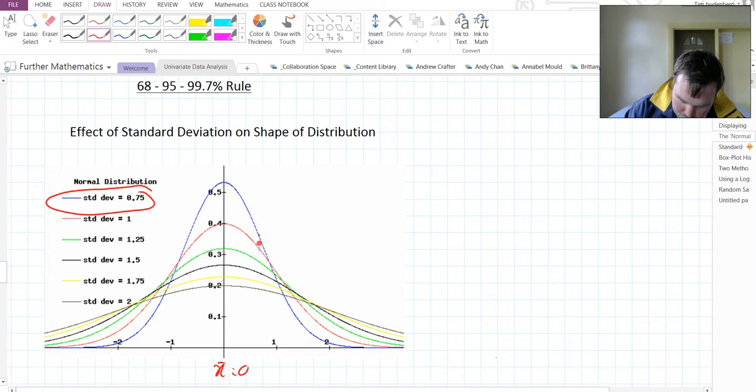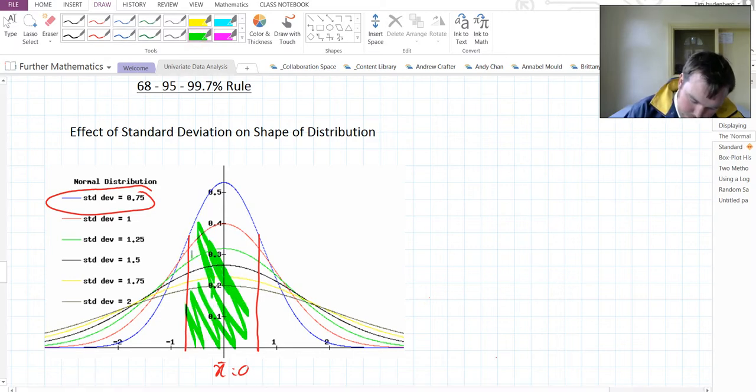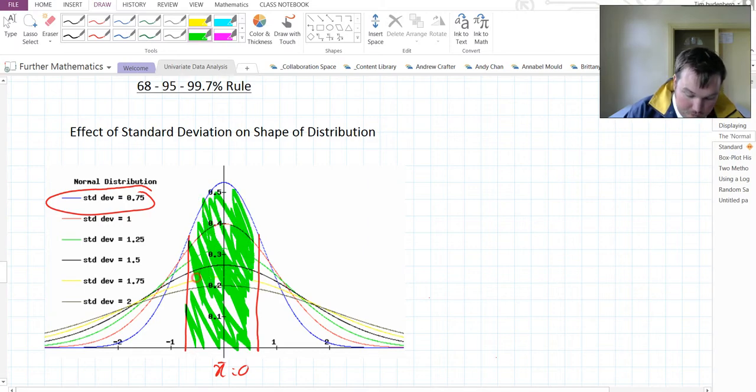So 0.75 would fall about there and here. And what we're saying is that 68% of the curve falls in between those red lines. And you can imagine, if we're talking about the blue curve, that yeah, that green highlighted section could well be 68% of the blue curve.